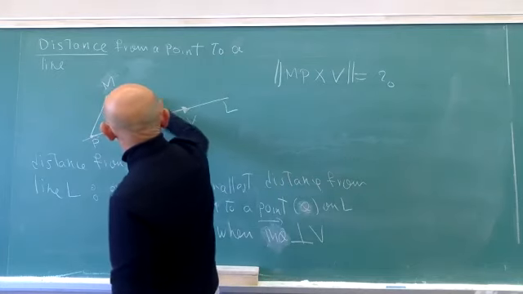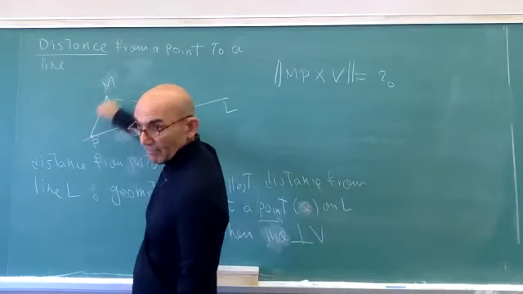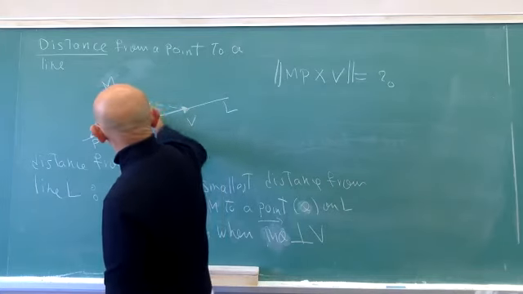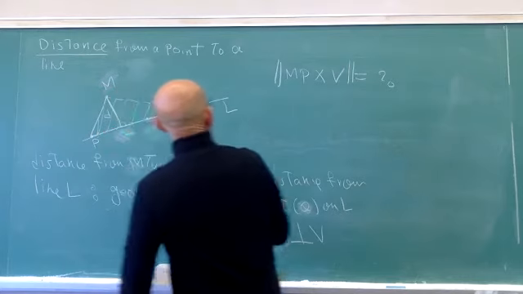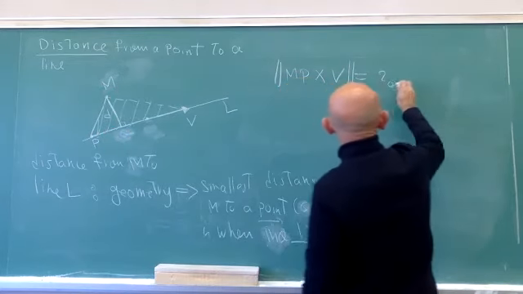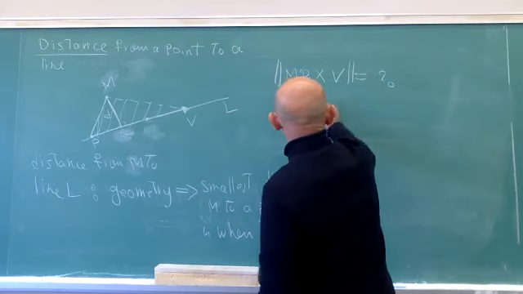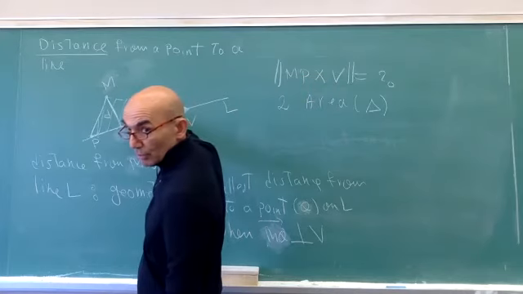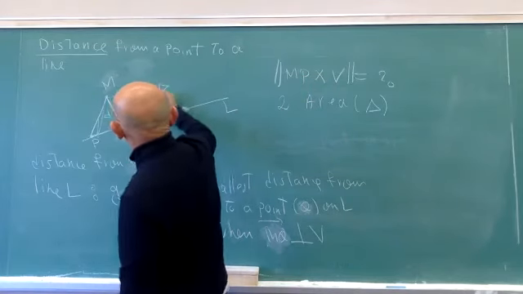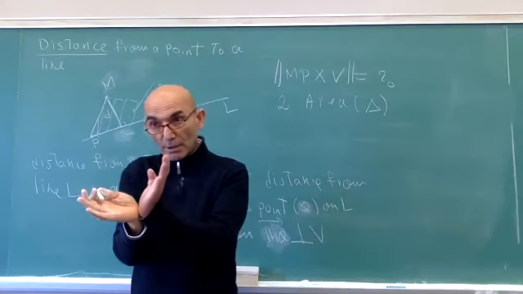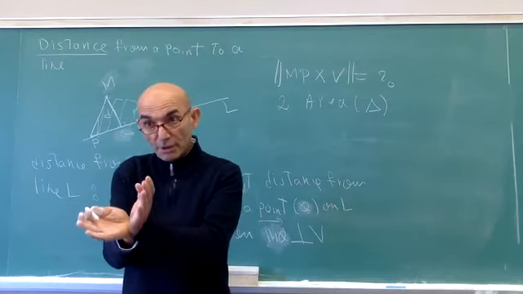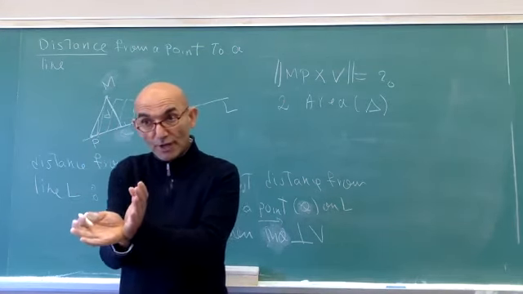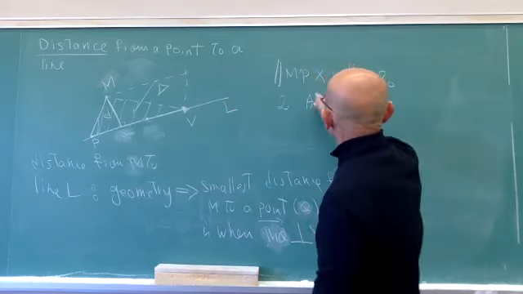So in particular, QP cross V is equal to twice the area of this delta. Delta is this triangle that I drew here. At first we had the area of the parallelogram, but the area of the parallelogram is twice the area of the triangle. You agree? Good. So this we know.